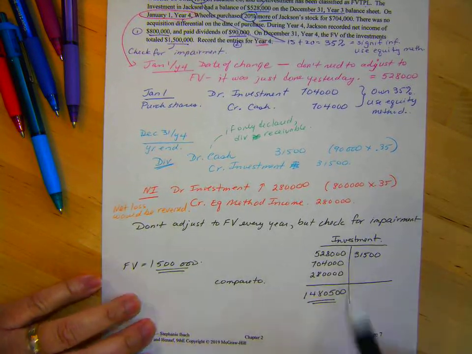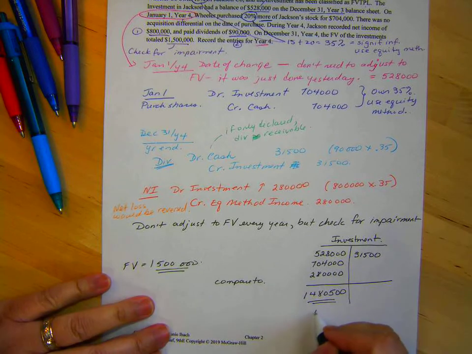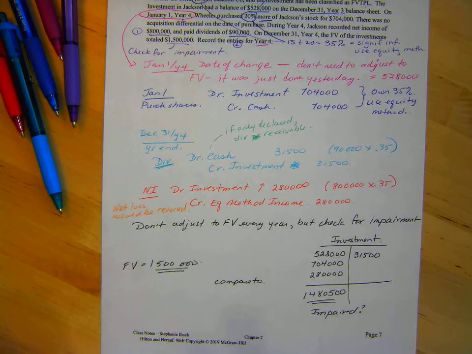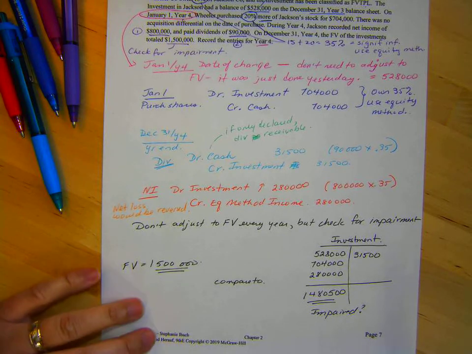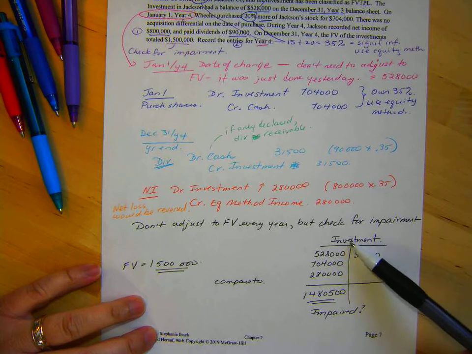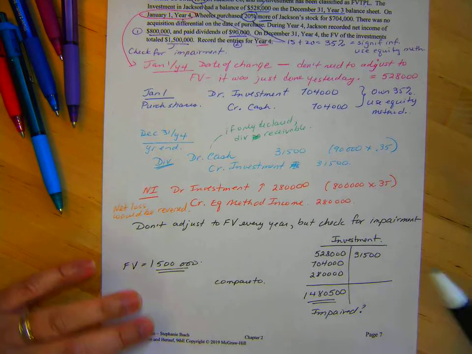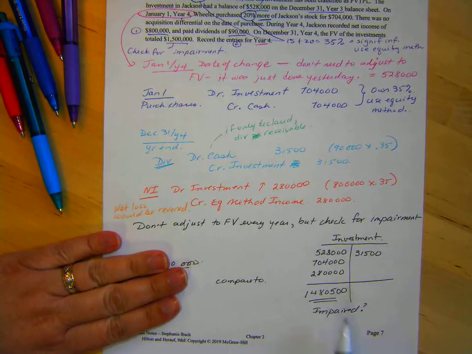So, is this investment impaired? Well, impaired means its value has dropped below the value that's sitting in the investment account. Okay? So let's say the fair value is 1.2. Well, that's too high. We've got to write it down to 1.2.